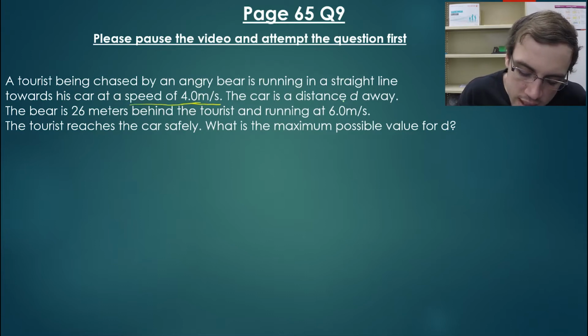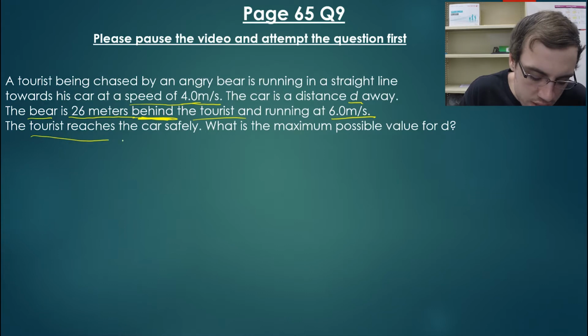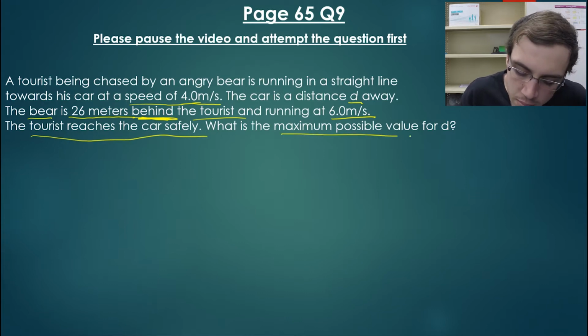The car is at a distance D away. The bear is 26 meters behind the tourist and is running at 6 meters per second. The tourist reaches the car safely. What is the maximum possible value for D?